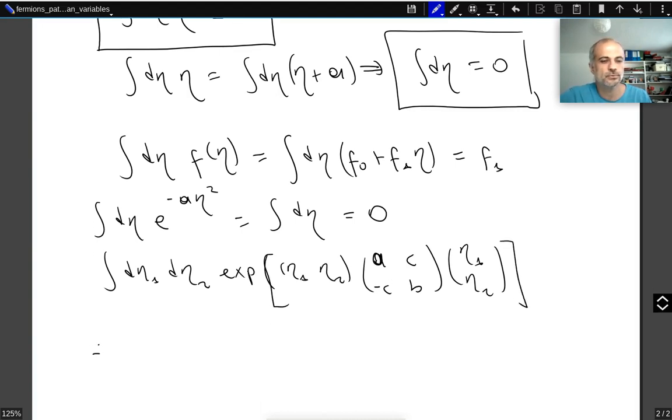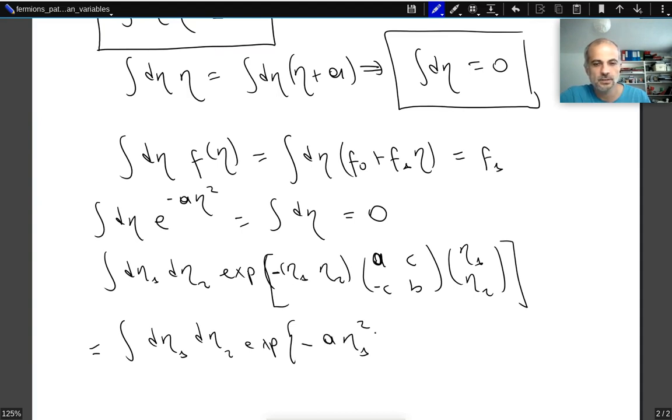If you write this matrix element out explicitly, this will be minus a eta 1 squared minus b eta 2 squared minus 2c eta 1 eta 2.